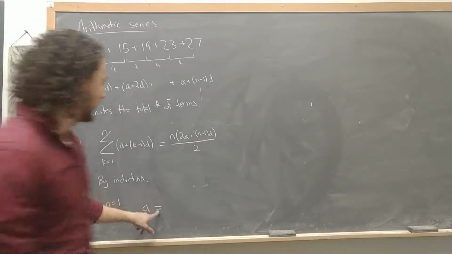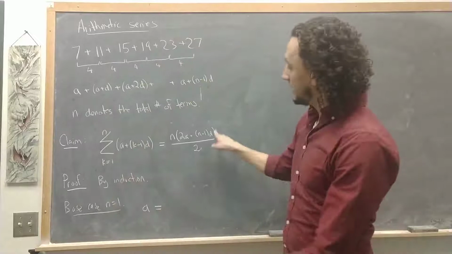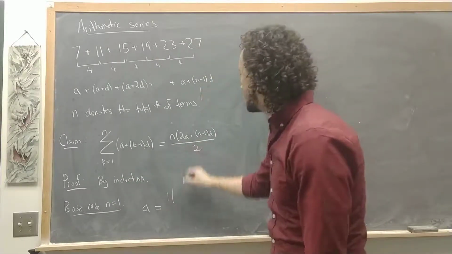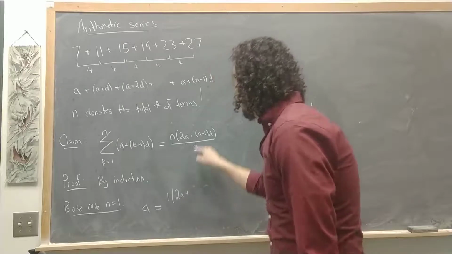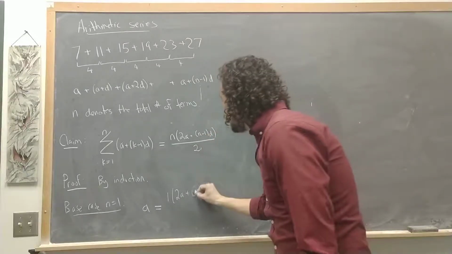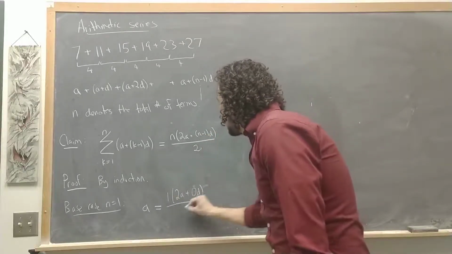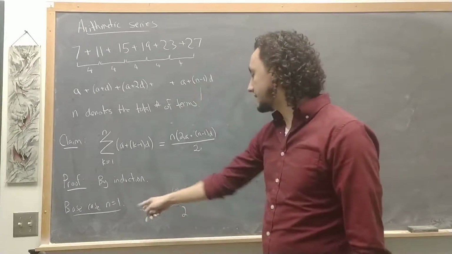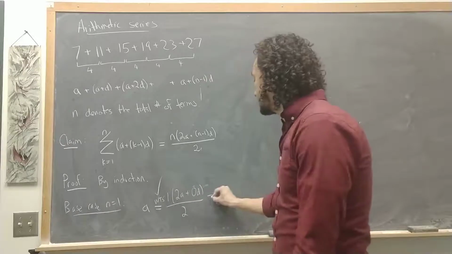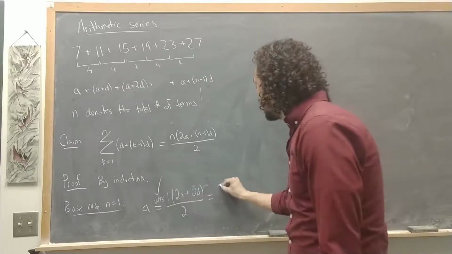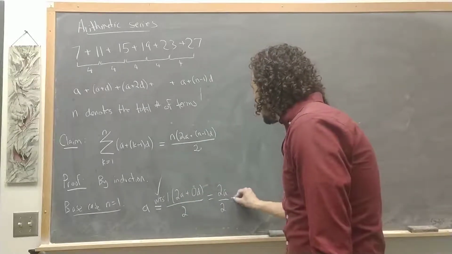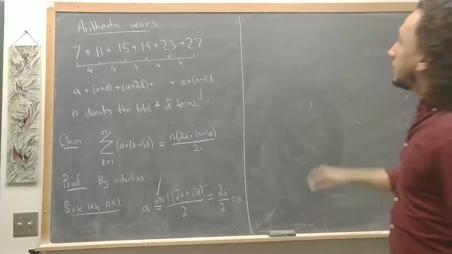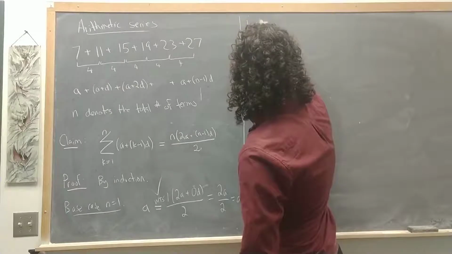I want to show that the sum of that, which is just a, is given by this formula: n equals 1, times 2a, and then n minus 1 is 0, so that's 0d, over 2. This is what we want to show in the base case. And indeed, this is true because if I simplify the right-hand side, I just get 2a over 2, which is equal to a.